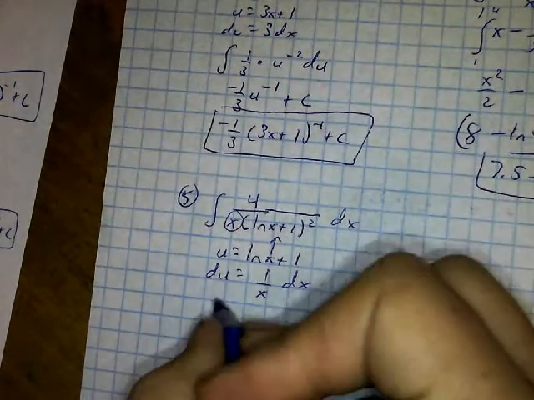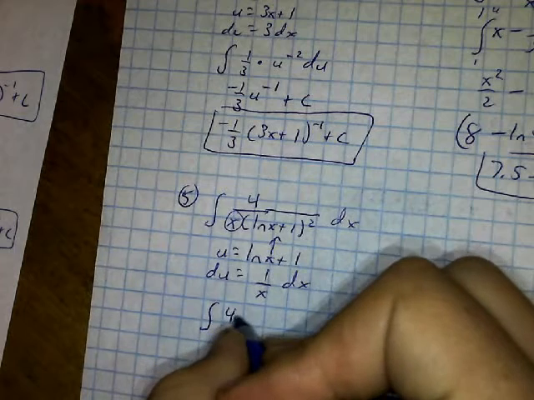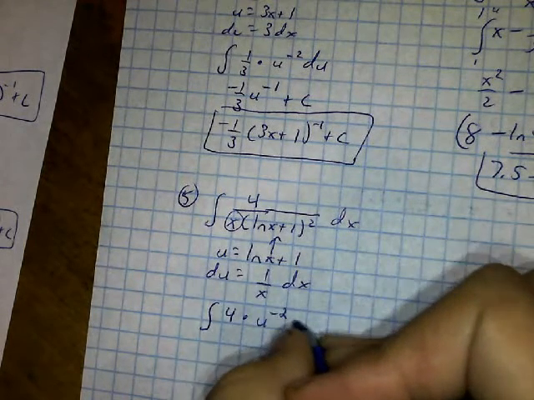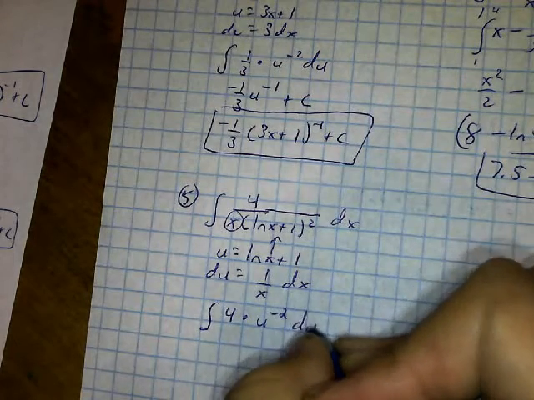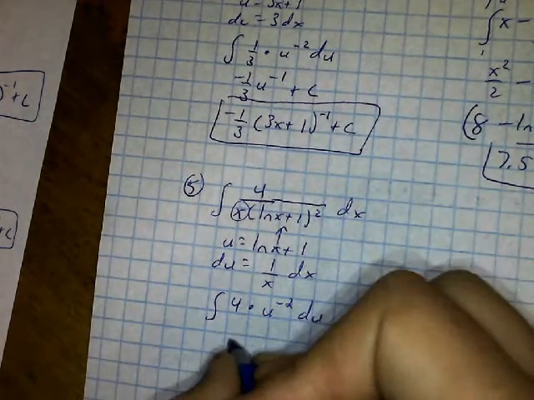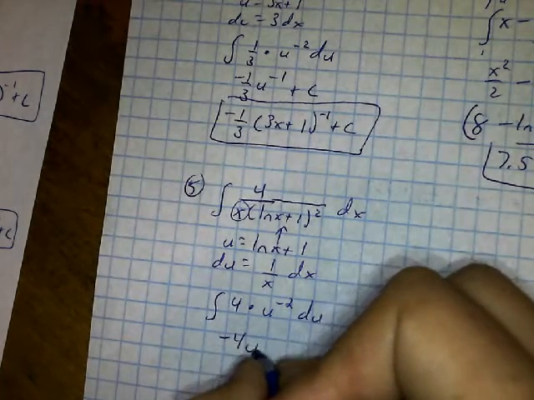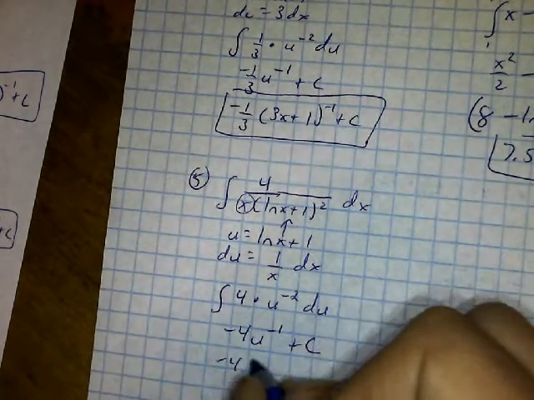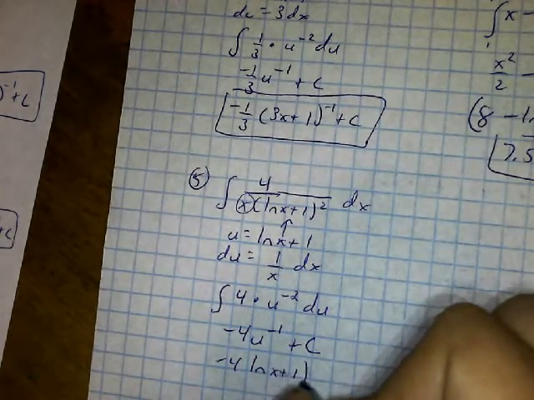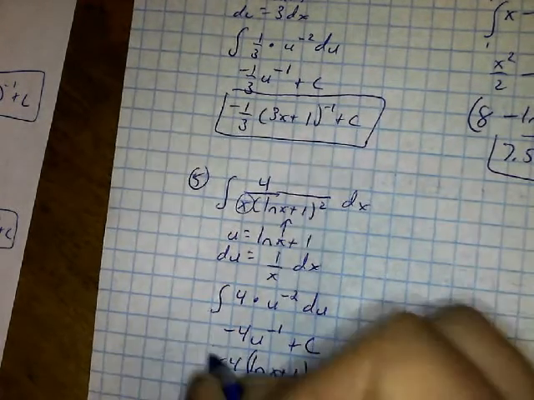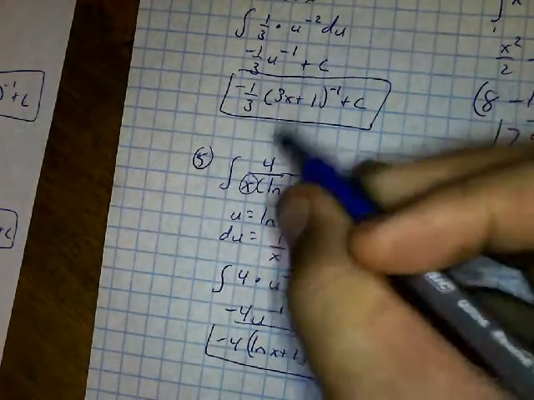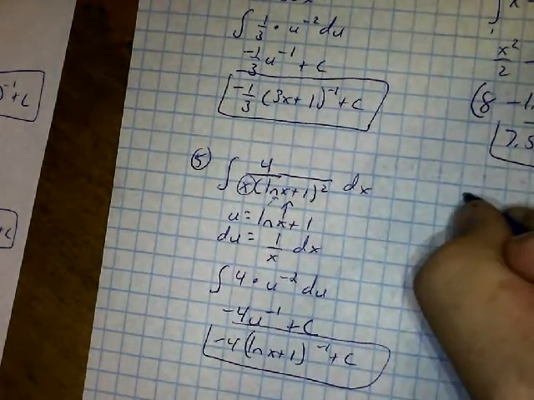So you have the integral of 4 times u to negative second du. So we integrate that, we get negative 4 u to negative 1 plus c, or negative 4 natural log of x plus 1 to negative 1 plus c. Notice the natural log here was not the actual integral, it was part of the u substitution.